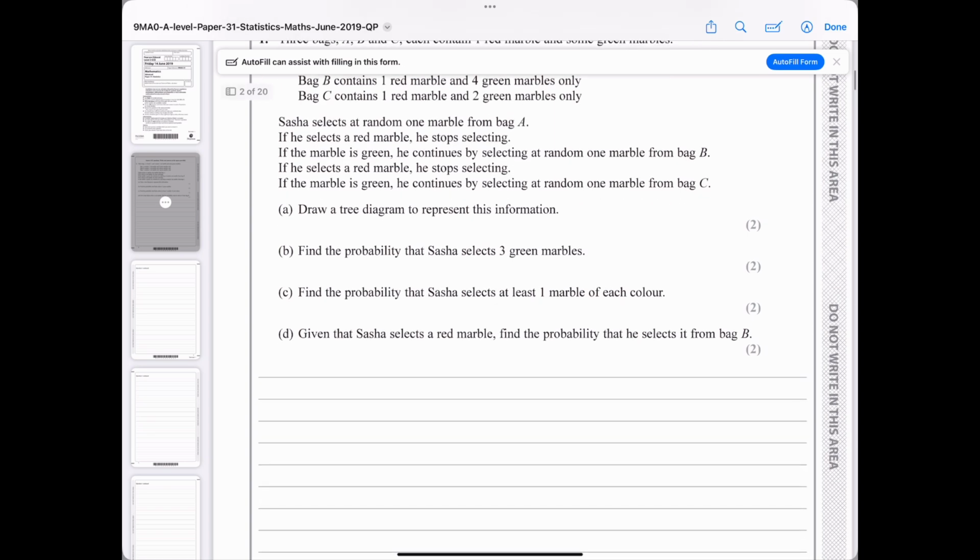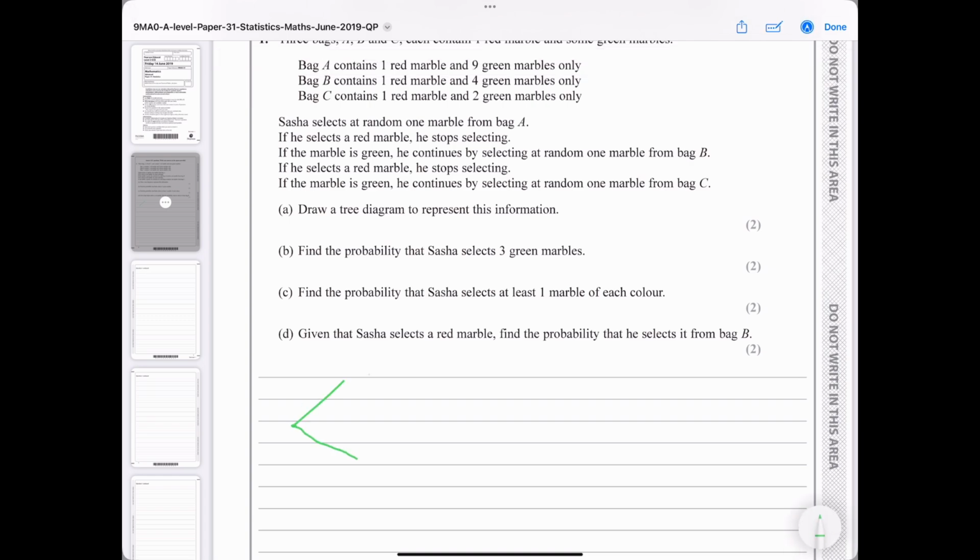So the way it works is, we've got green and red. There's 1 red marble, so it's 1 out of 10, and there's 9 green marbles. If he selects a red one, he stops.